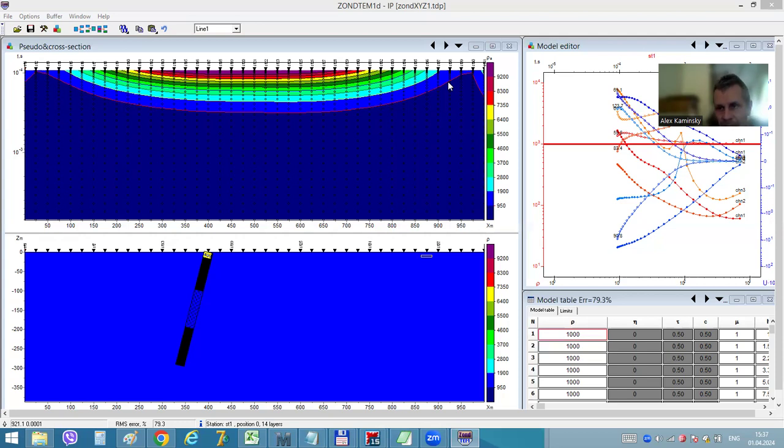But very important is the first approximation. That means how close we start to the model we're going to resolve. If the first initial approximation is very far from the solution, it can be a problem.